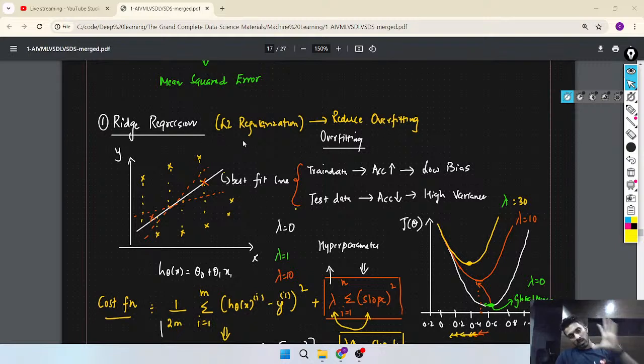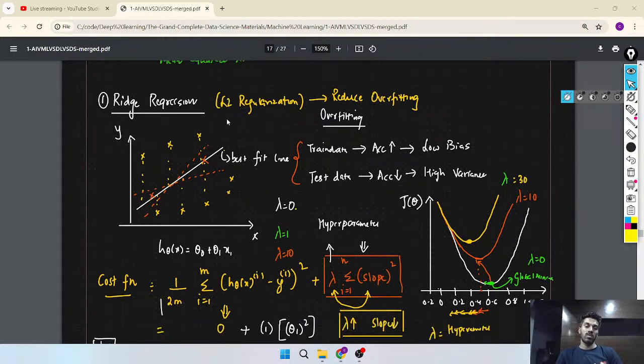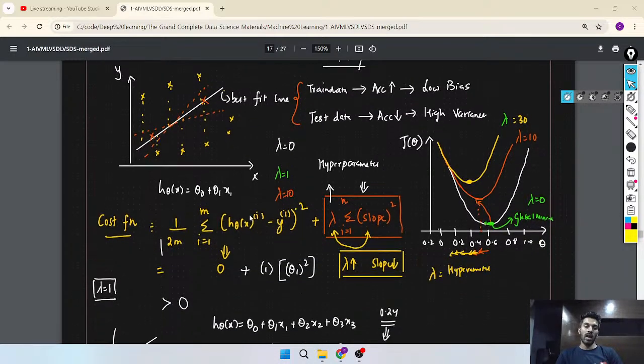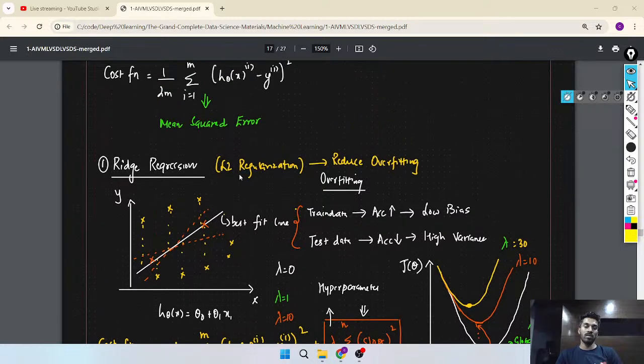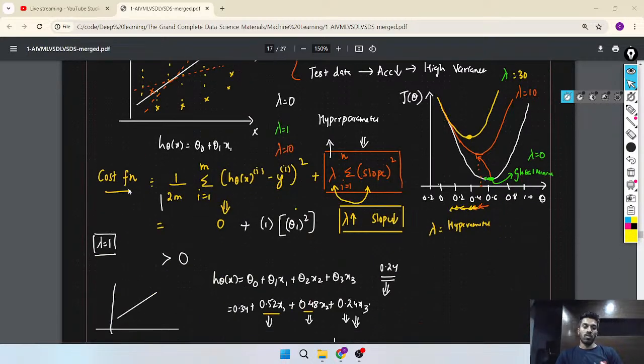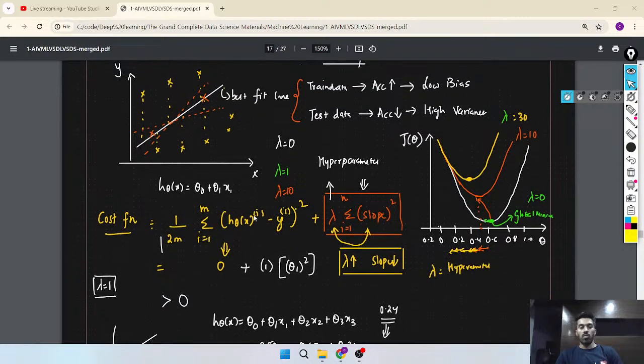So when ridge regression comes to your mind, L2 regularization should also come, because ridge regression is also known as L2 regularization. L2 means square, so the cost function will include the square of the slope.